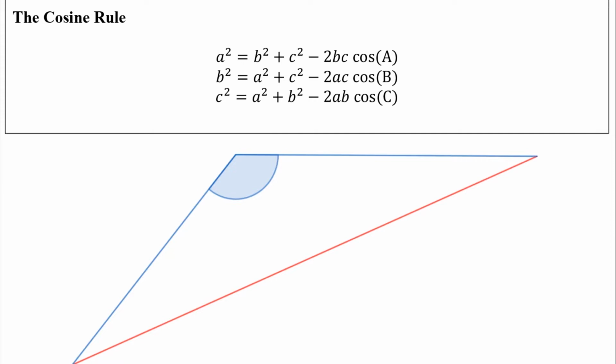In the picture we've got, the length of the red side, squared, is equal to the length of both of the other sides squared and added together. Subtract 2 times the length of those two other sides multiplied together, times the cosine of the angle in between those other two sides. So on one side of the equation, the red line, on the other side of the equation, everything to do with the blue lines and the angle in between them.